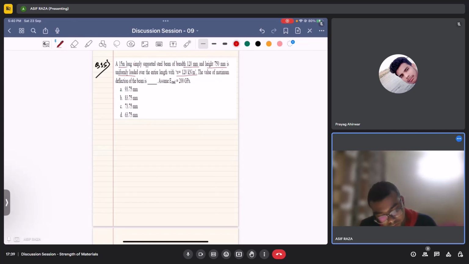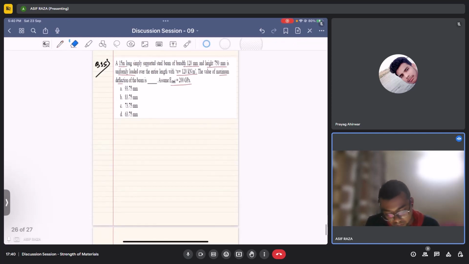The value of maximum deflection of the beam is, assuming modulus of elasticity of the steel is equal to 200 GPa. The options are 93.75 mm, 83.75 mm, option C 73.75 mm, and option D 63.75 mm.